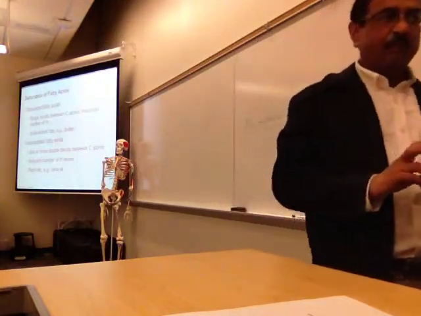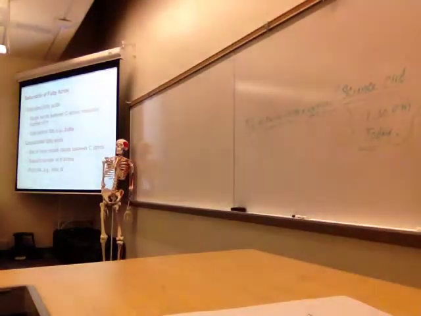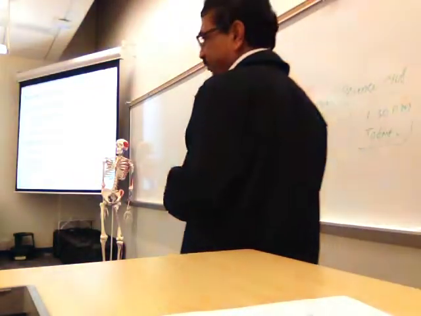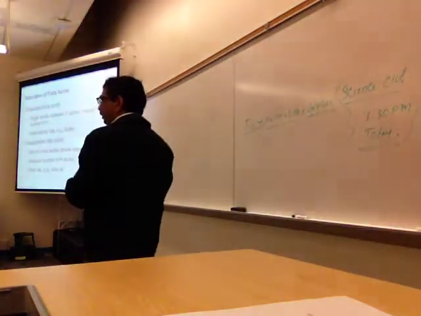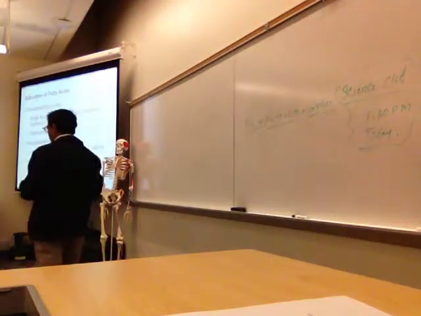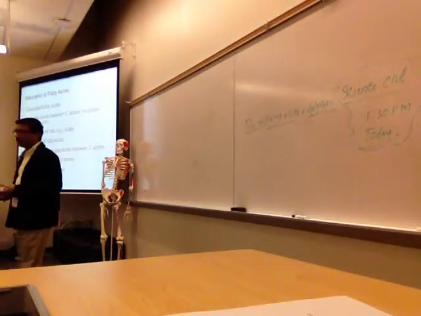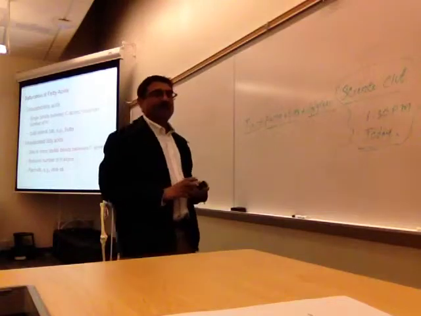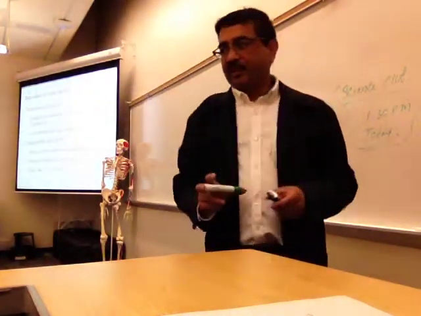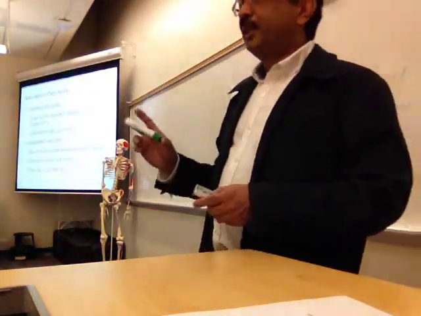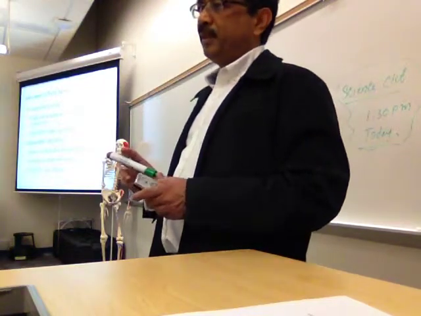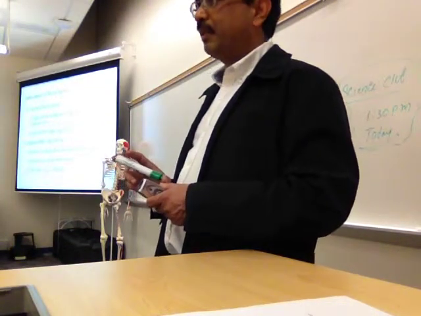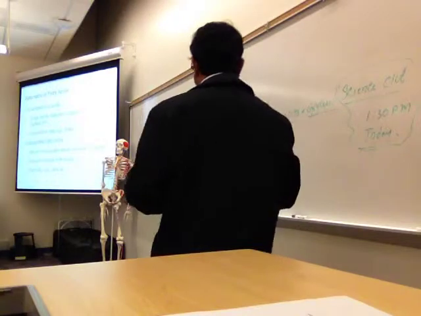Fatty acids can be present in two forms: saturated fatty acids and unsaturated fatty acids. What's the difference between the saturated and unsaturated fatty acids? There are a few differences you need to know.